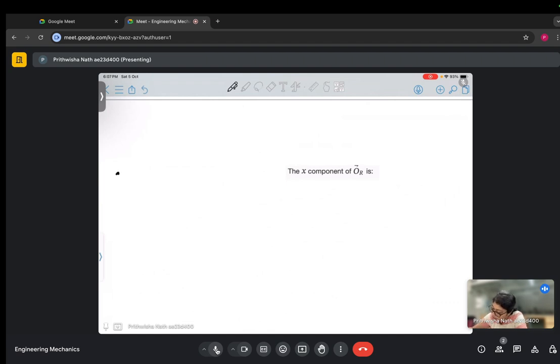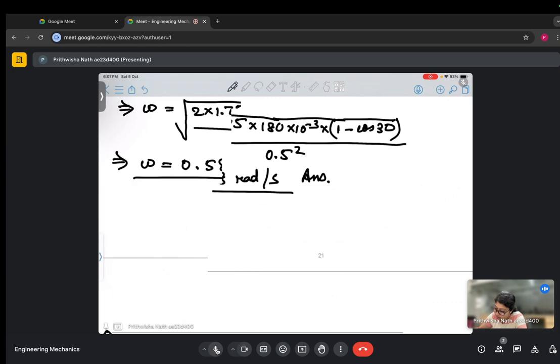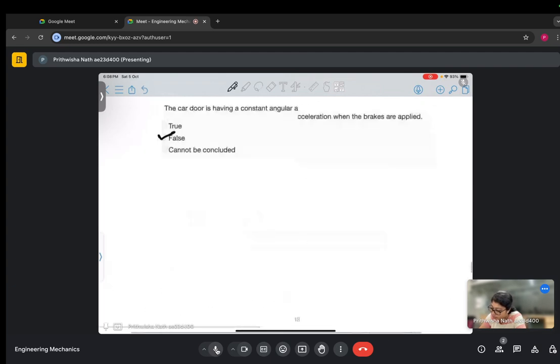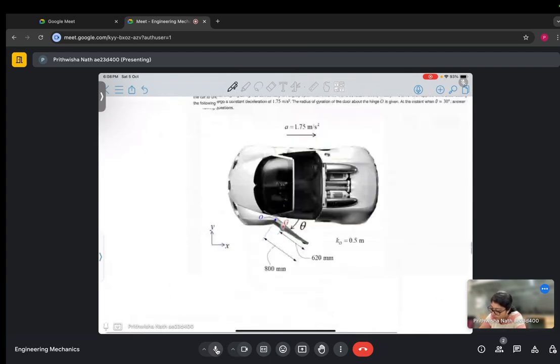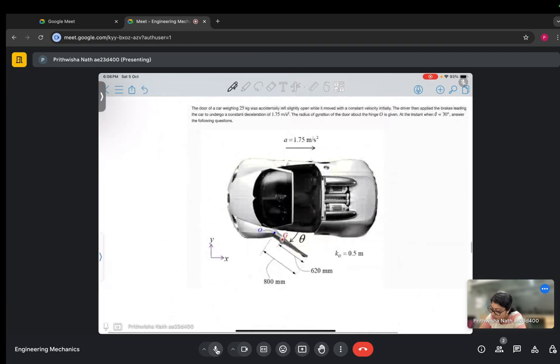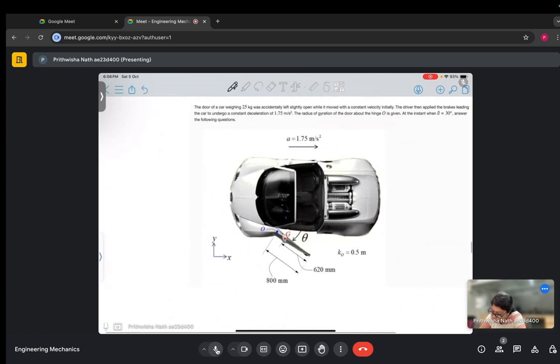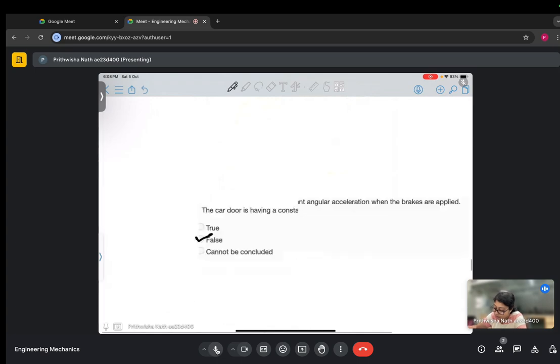So OX can be written as, if I take this as my coordinate axis, okay, so they have taken it in the opposite direction.